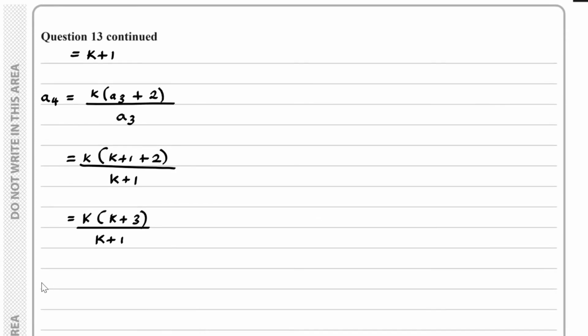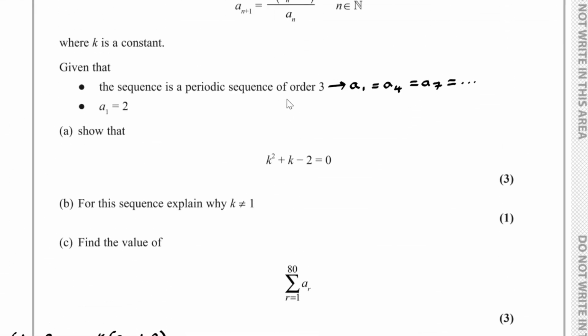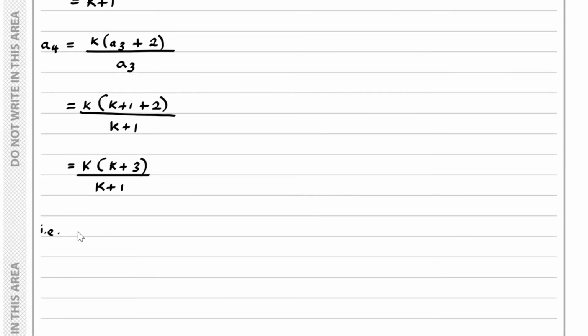And we know that a1 is equal to a4. We mentioned that for a periodic sequence of order 3. So we can say that a1, which is 2, is equal to a4, which is k lots of k plus 3 over k plus 1.